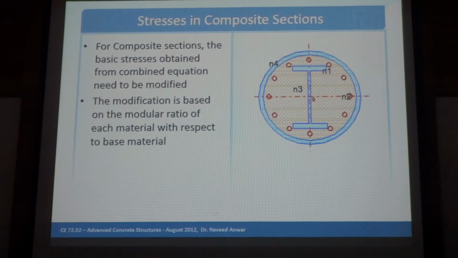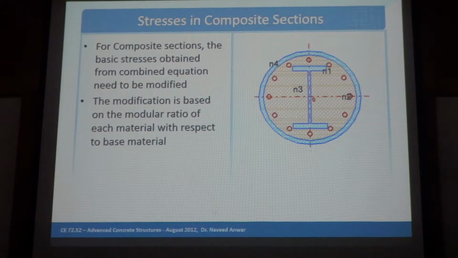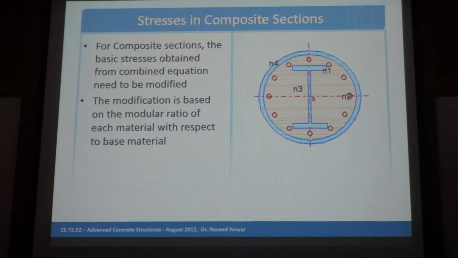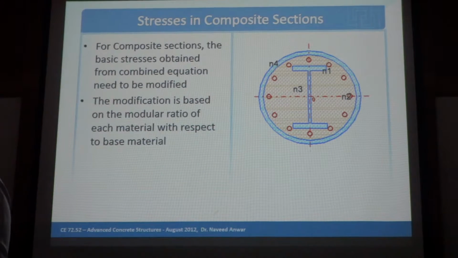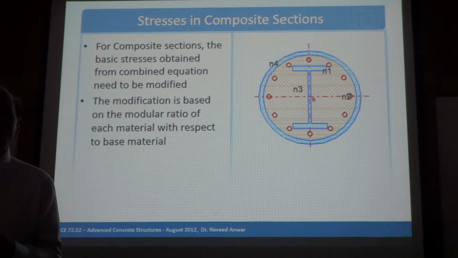That means we can multiply the stress by the modular ratio of that location, and we can get the stress in that material. If it is a single material, modular ratio is 1, so we get the same stress. If it is steel inside a section, modular ratio of steel, modulus of elasticity of steel divided by modulus of elasticity of concrete, is equal to about 10.